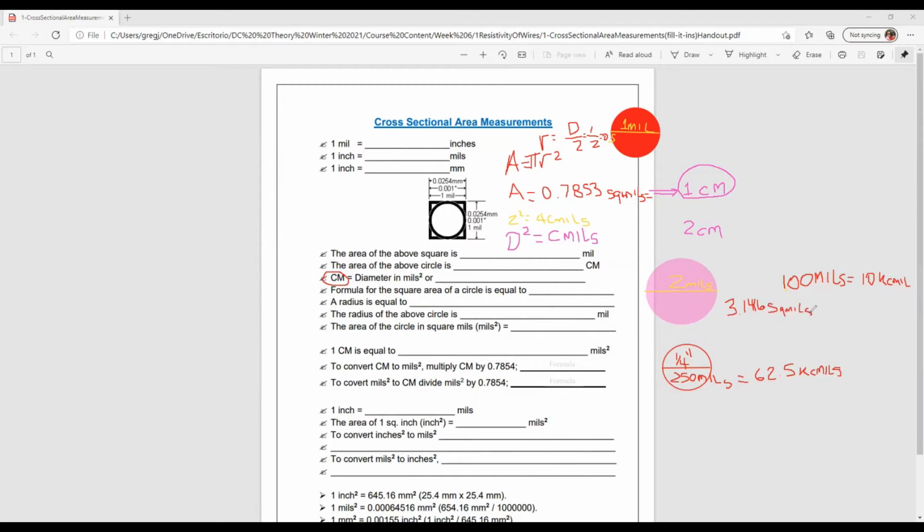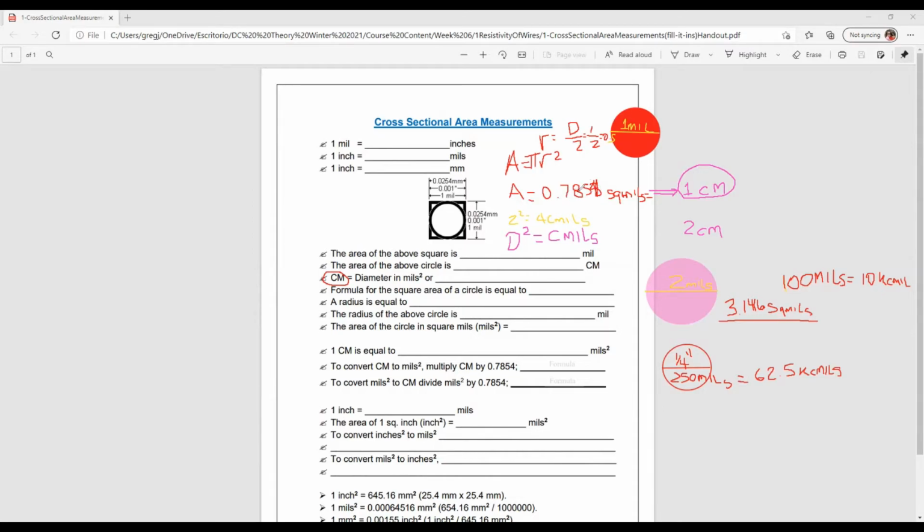So if I decide to divide this number, remember that I told you before that every time we have 0.785398, we just round it up to 0.7854.